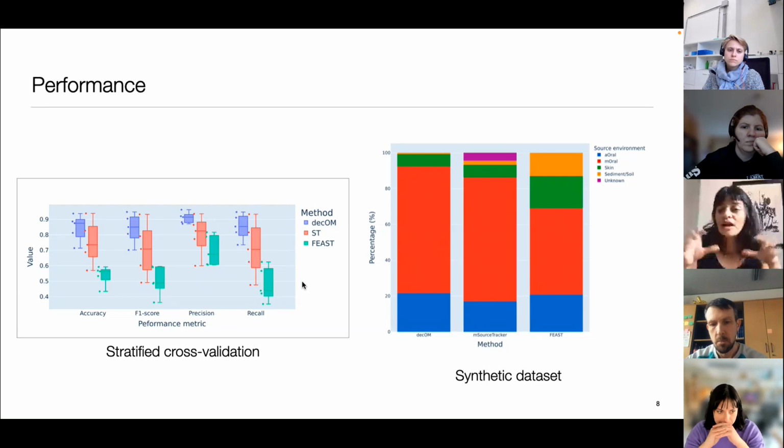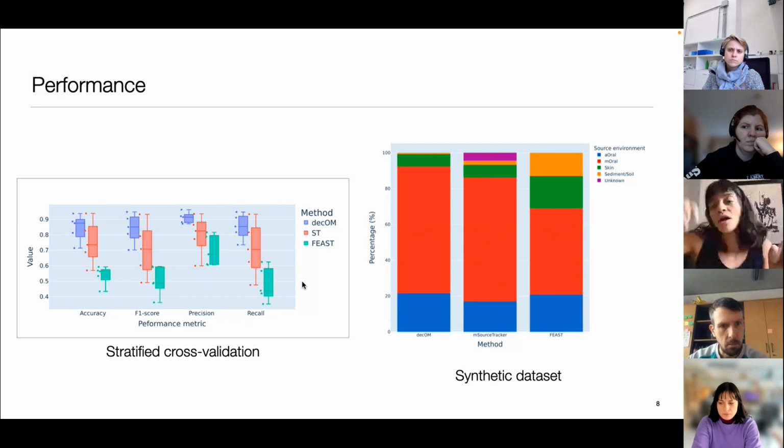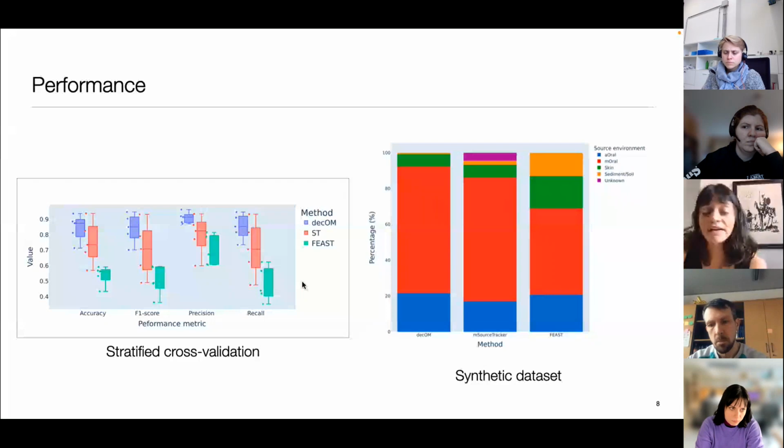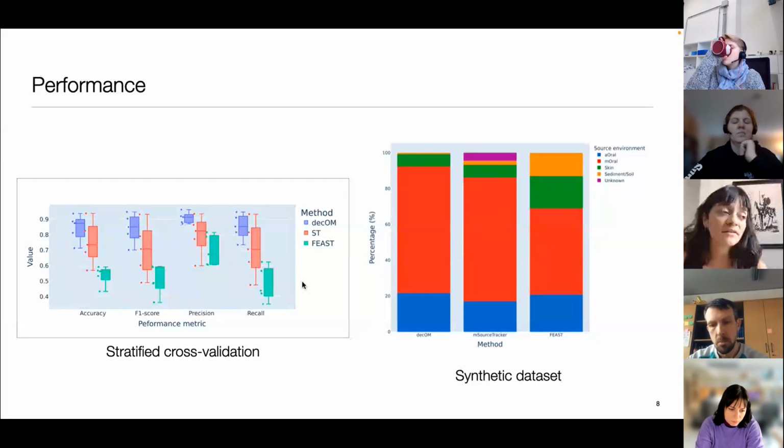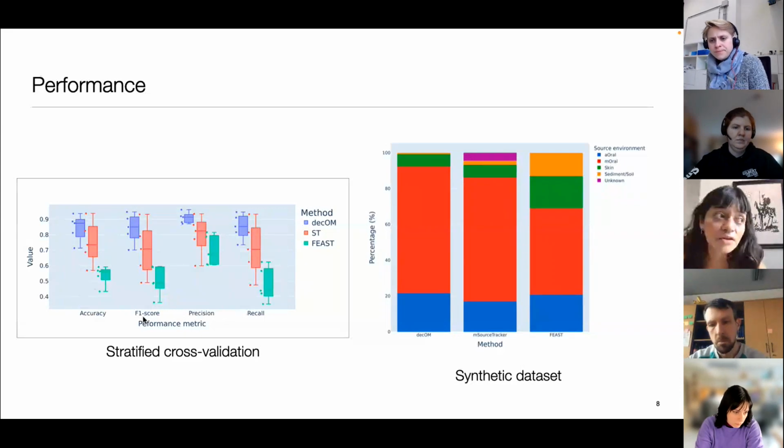So this cross-validation is similar to the leave one out, but specifically splitting the k-mer matrix in five folds, and four of them would be left as sources, and the fifth fold, the fifth group, would be taken out as sinks. And then we performed different experiments and evaluated the metrics, and you can see that for accuracy, F1 score, precision, and recall, decOM not only performs better in each of the folds, but on average as well.